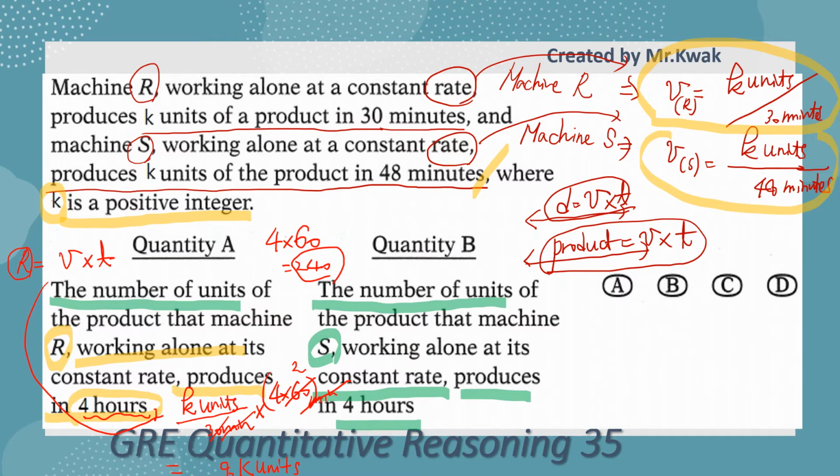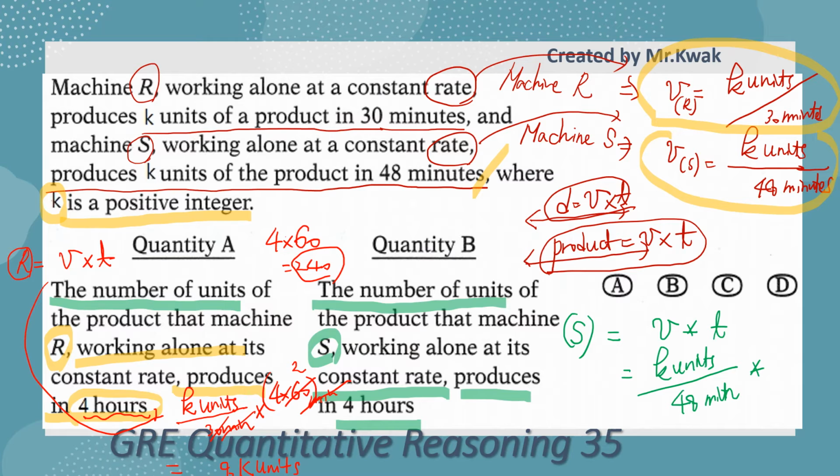As it could be confusing, I'm going to use the color green. Let's think about quantity B. It's about machine S. It's the same way, velocity multiplied by time. And the velocity was K units divided by 48 minutes, multiplied by time.